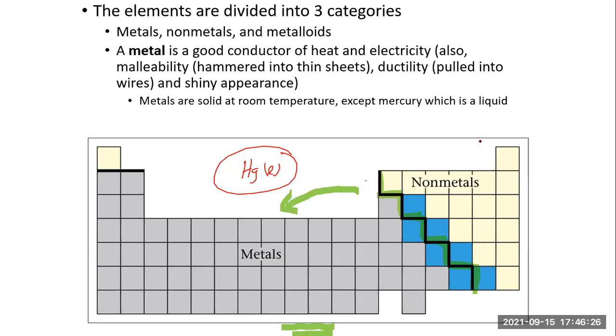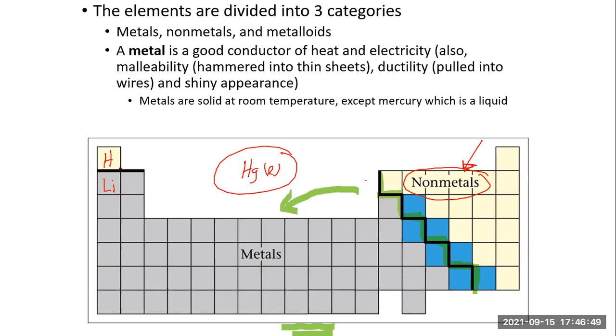Now, up to the right here, above the staircase, is where we have nonmetals. And as we'll talk about, nonmetals have pretty much the opposite characteristics. They're kind of dull and so forth. But this brings us to the point I was making before. If you remember, this is lithium over here. That is hydrogen.